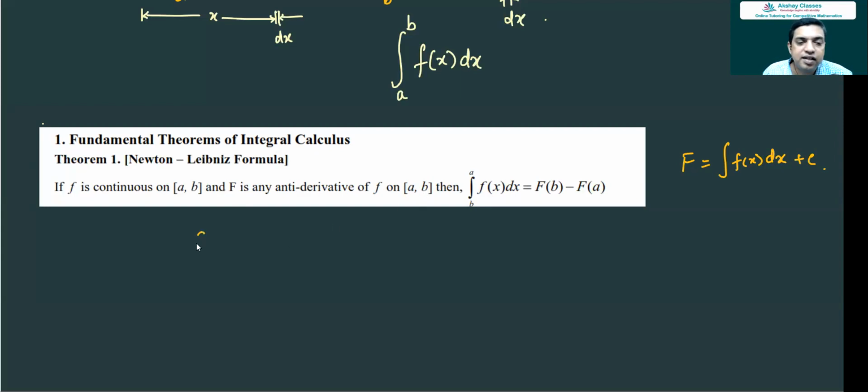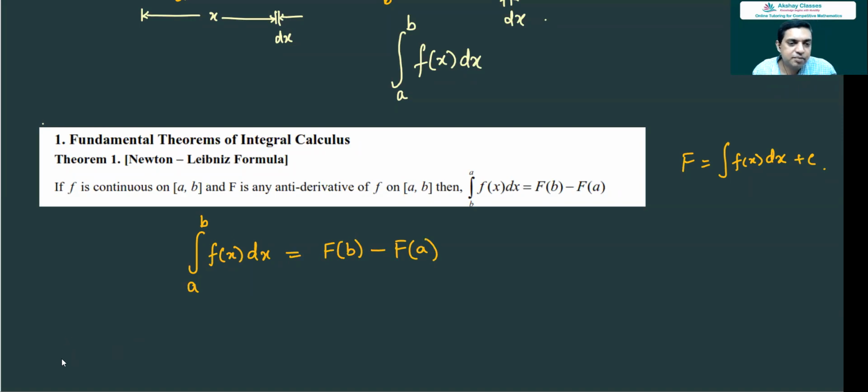Then the definite integral of the function from the lower limit a to the upper limit b is the antiderivative value at the upper limit minus the antiderivative value at the lower limit.